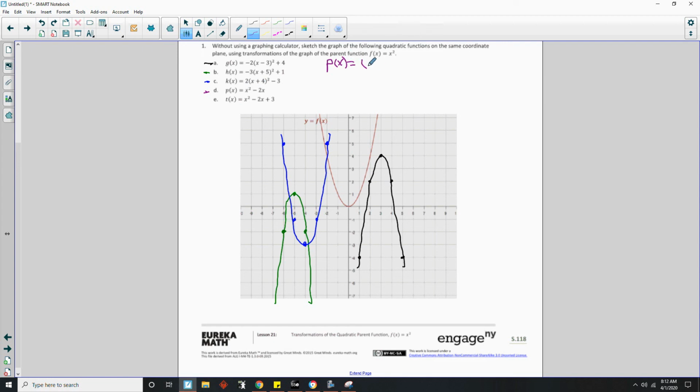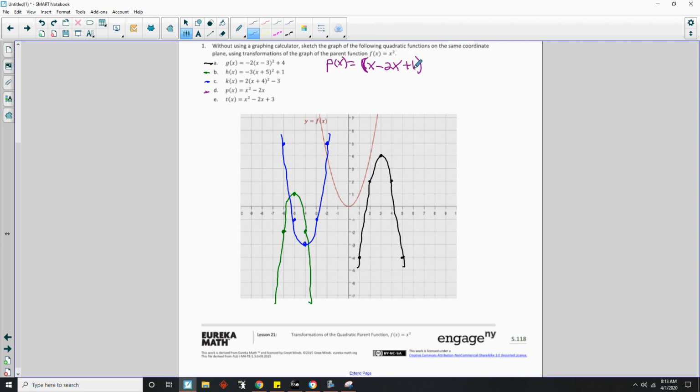So I'm going to put a parentheses here and put an x here and close the parentheses. And it's going to be minus 2x. And to complete this square, I have to take 1/2 of 2, which is 1, and square it. 1 squared is 1, so I'm going to put plus 1 here. That will complete the square inside the parentheses.